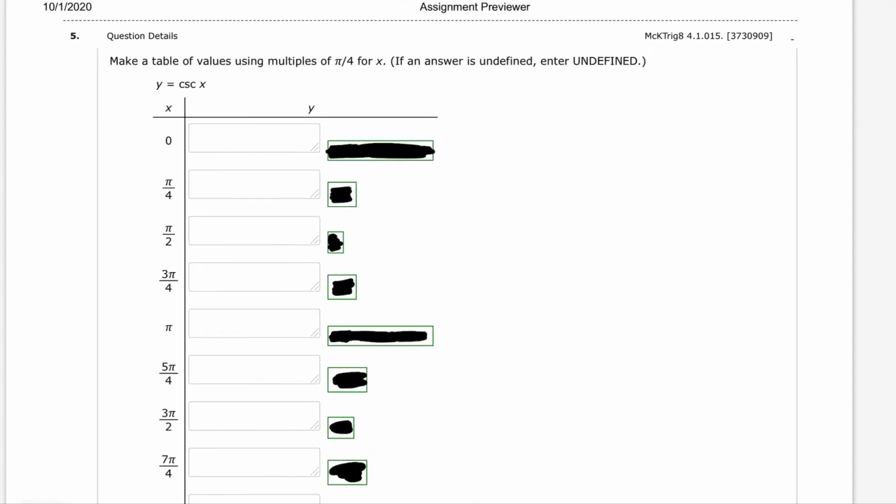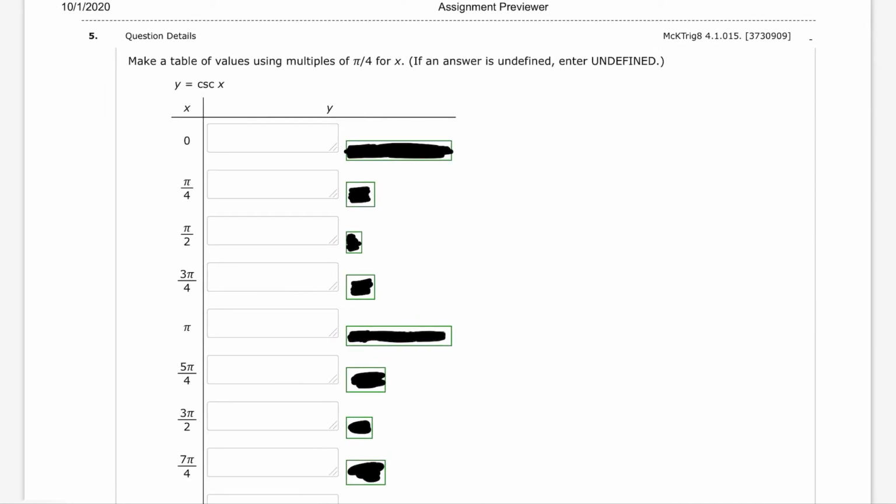All right, let's fill out the table for this. We're looking for cosecant of pi over 4, or actually for all these individual values. So for sine, this is 1 over sine, remember? Cosecant is 1 over sine. So at 0, well, the sine of 0 is 0, so 1 over 0 is undefined.